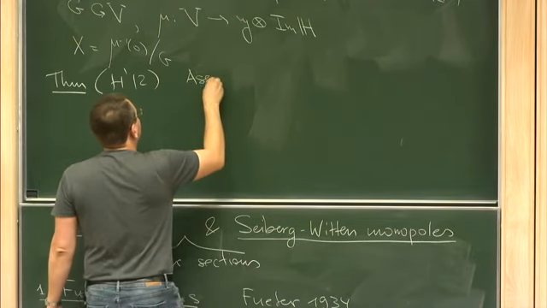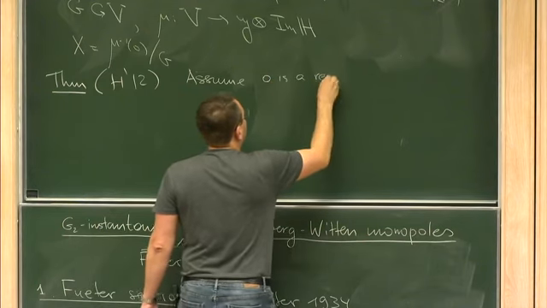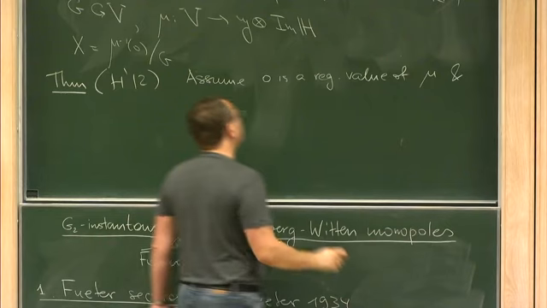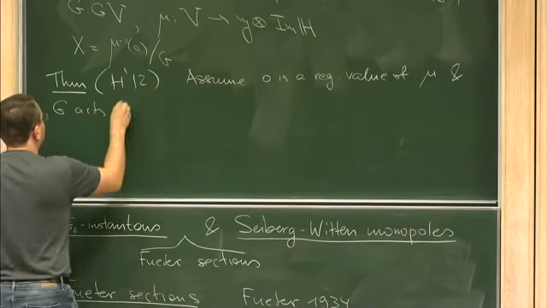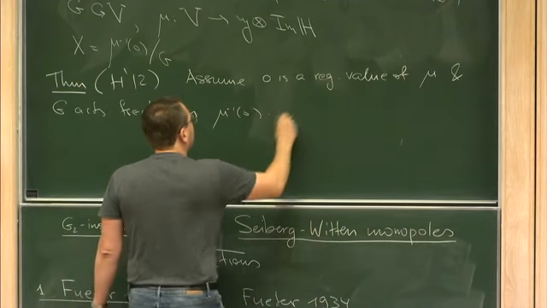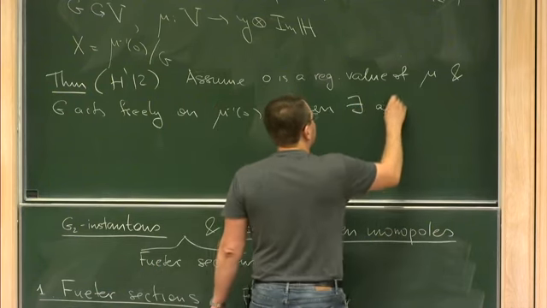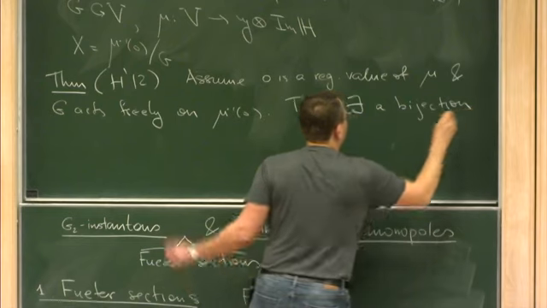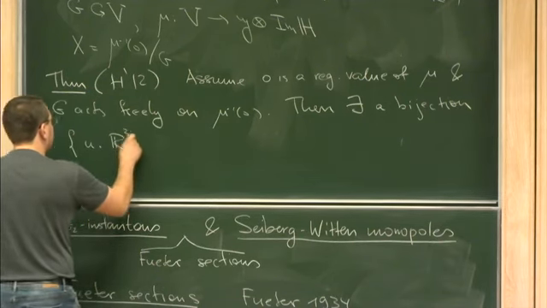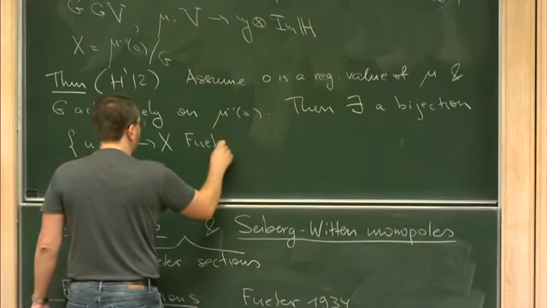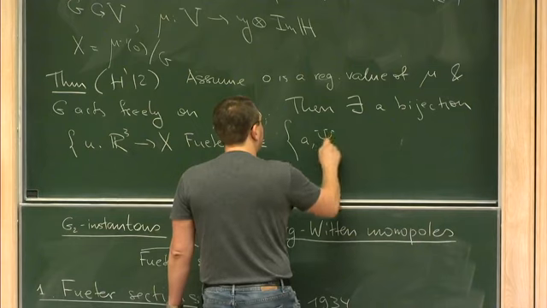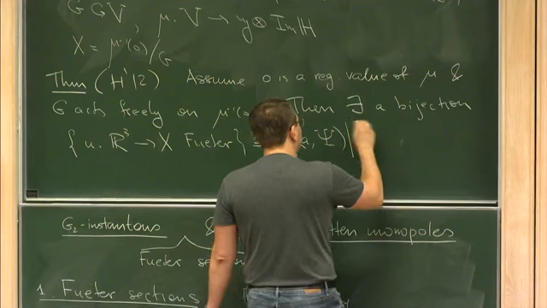So assume 0 is a regular value of mu, and G acts freely on the 0 level set of mu, then there exists a bijection between the space of Fueter maps and the space of solutions, so the space of pairs A, psi, where these satisfy the following equation.